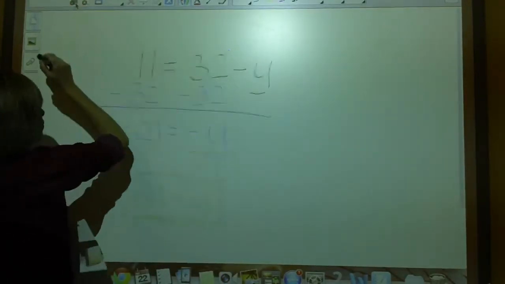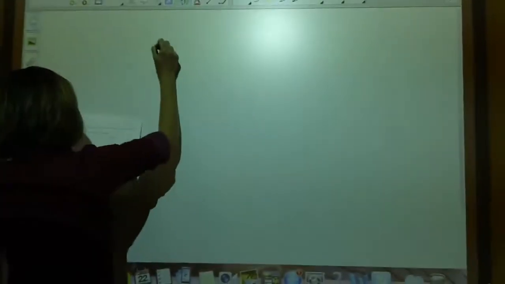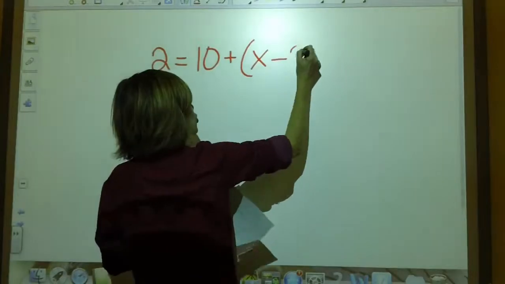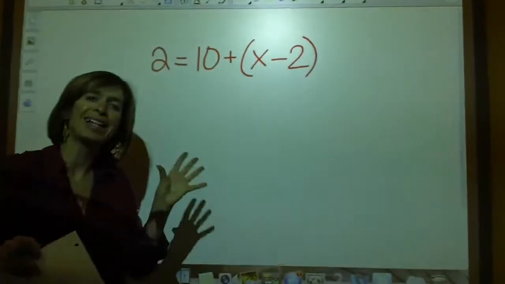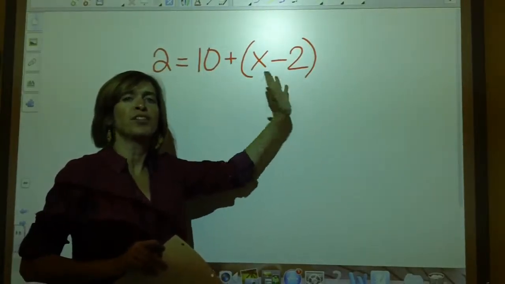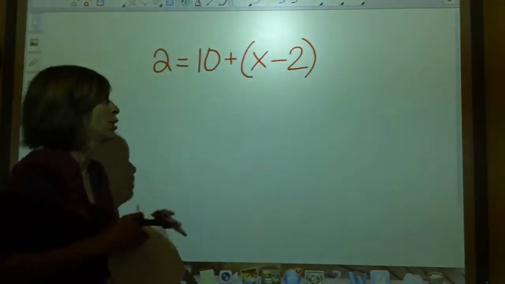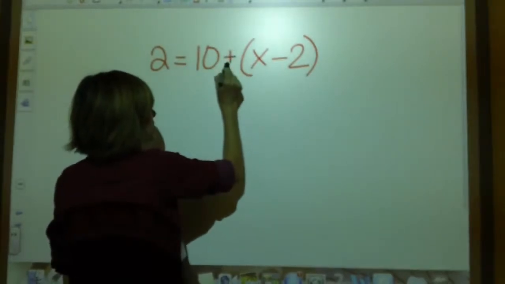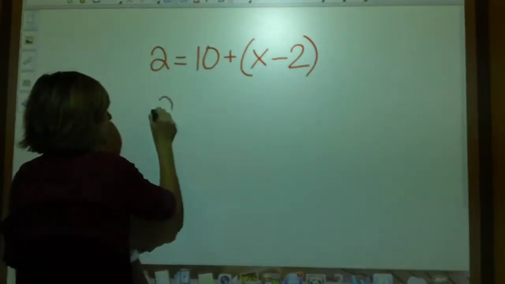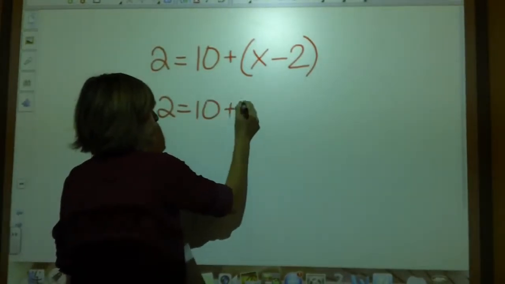Hopefully we're doing so good so far. All right, getting a little bit harder. You cannot solve or balance an equation until the parentheses are gone. You have to get rid of the parentheses before you can actually balance the equation. So I look at this and I say, does this plus do anything to anything in the parentheses? It doesn't, so I can actually get rid of it.